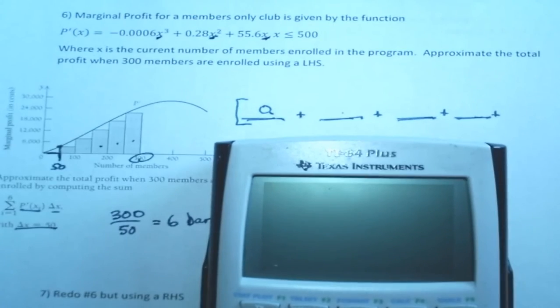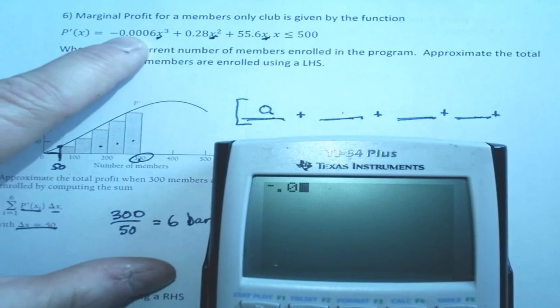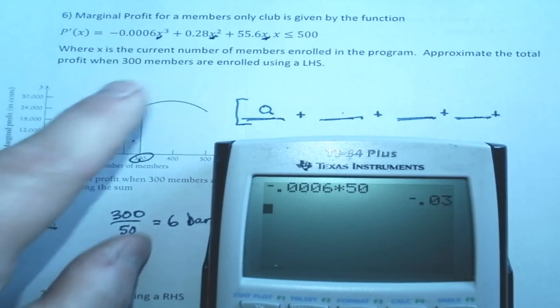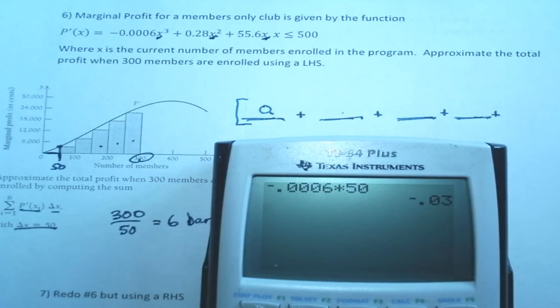Negative 0.0006 times 50 cubed, plus 0.28 times 50 squared, plus 55.6 times 50.